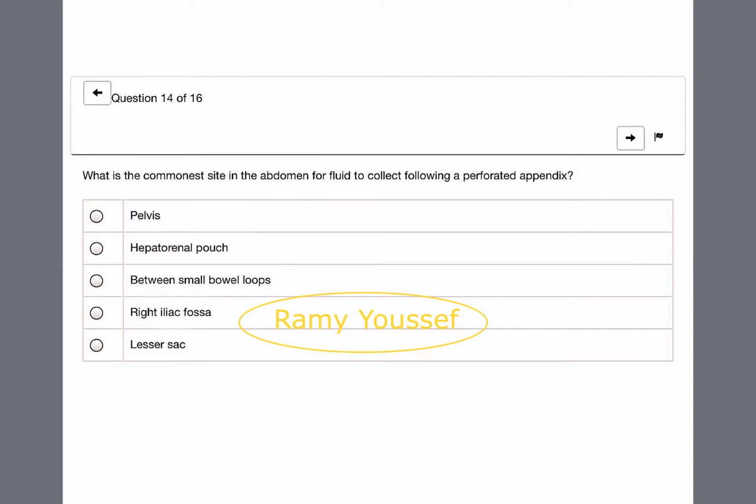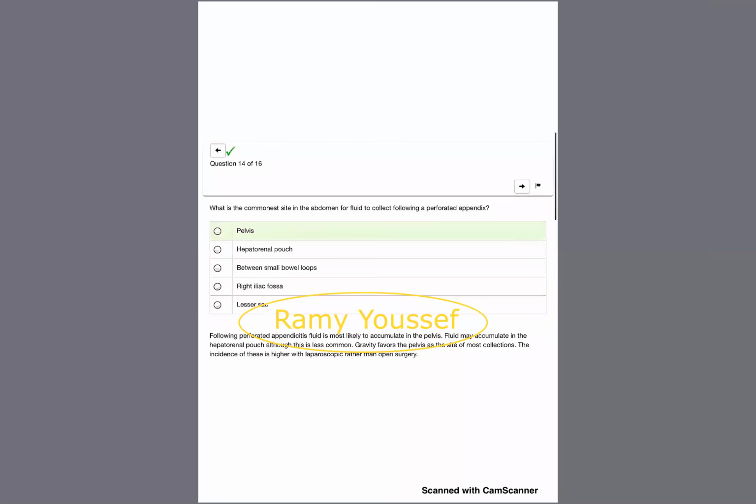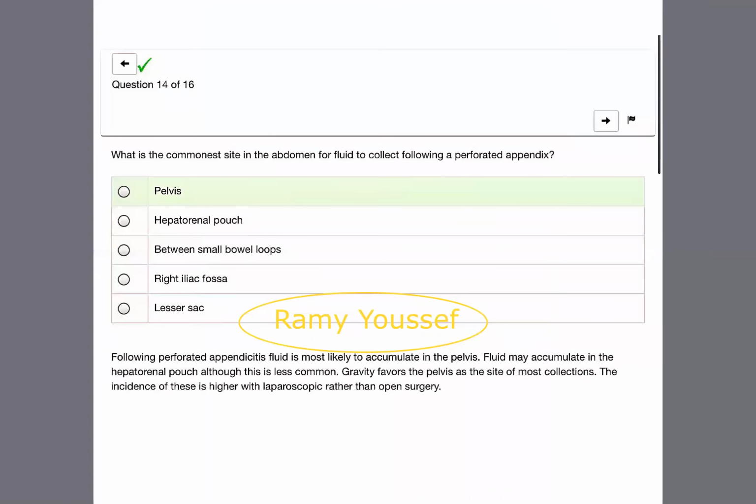The pelvic pouch. A, yes, exactly. The pelvis is one of the commonest areas for infection or leaking infection from the lower abdomen in a standing or semi-sitting patient. That's why post-operatively we always prefer to make the patient semi-sitting, so any collection will collect in the pelvis.